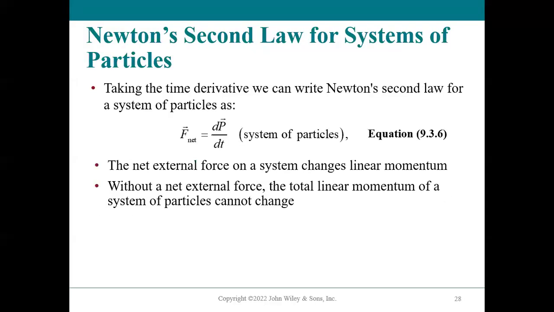Then Newton's second law for a system of particles, taking the time derivative, we can write as F net equals dP/dt. The net external force on a system changes the linear momentum. Without a net external force, the total linear momentum of a system of particles cannot change.